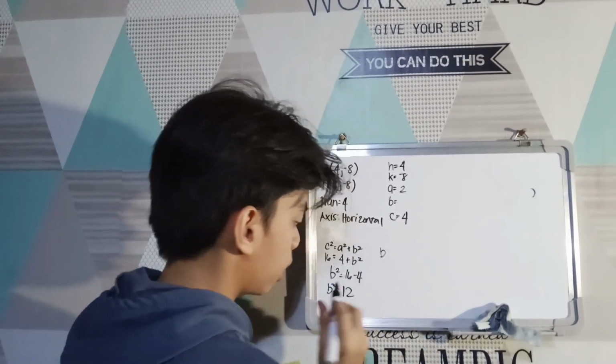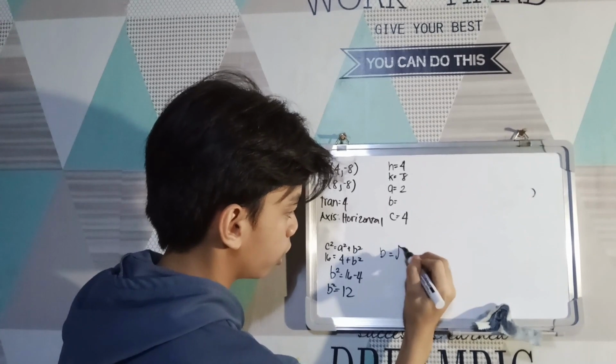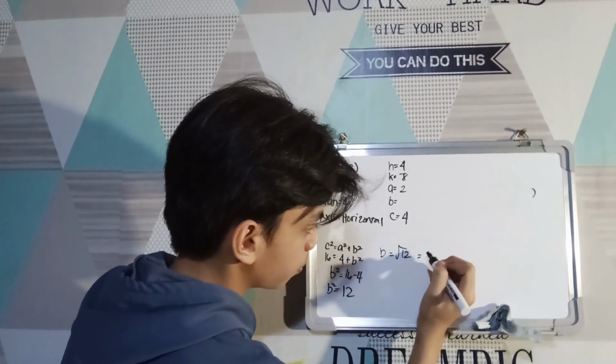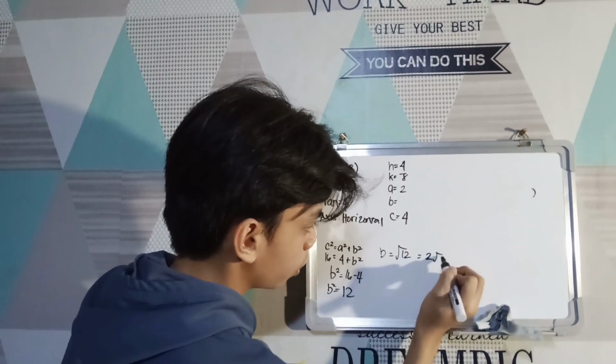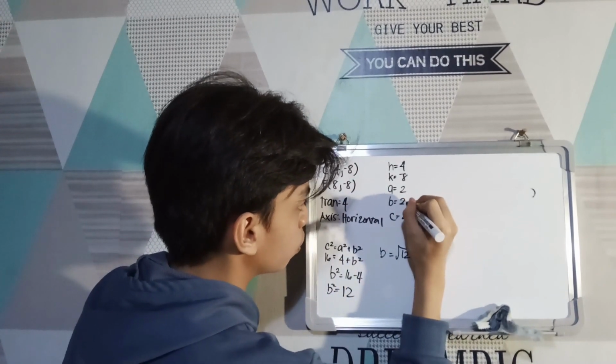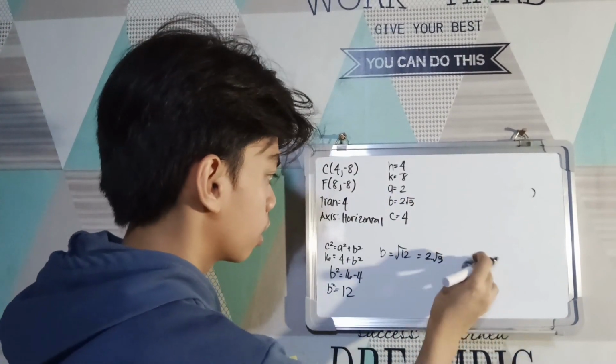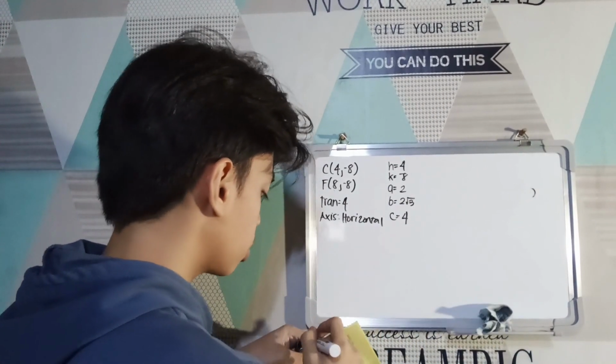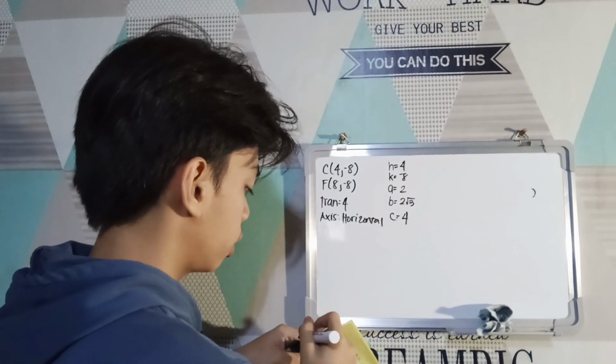Then, para makancel yung squared, b is square root lang natin si 12. So, 12 magiging 2 square root of 3. So, substitute na natin to sa standard equation.